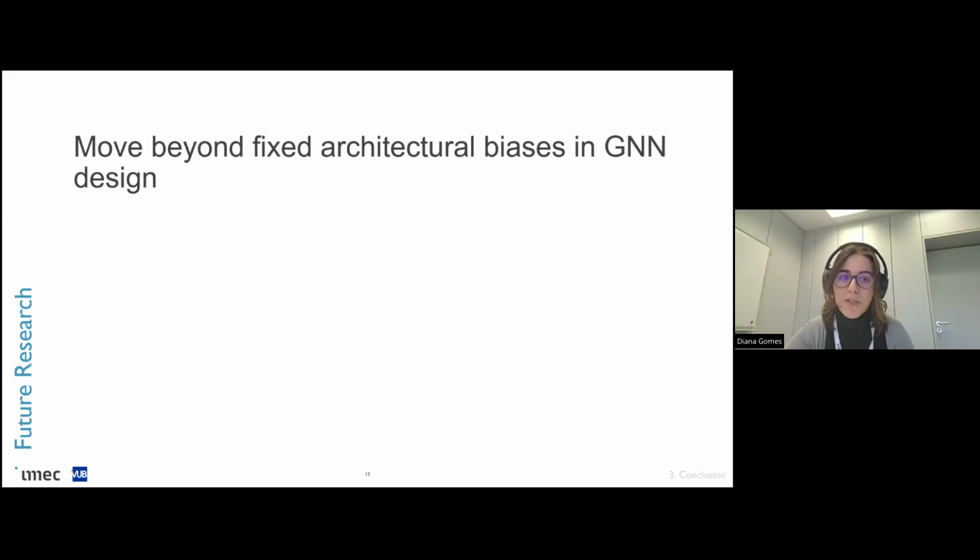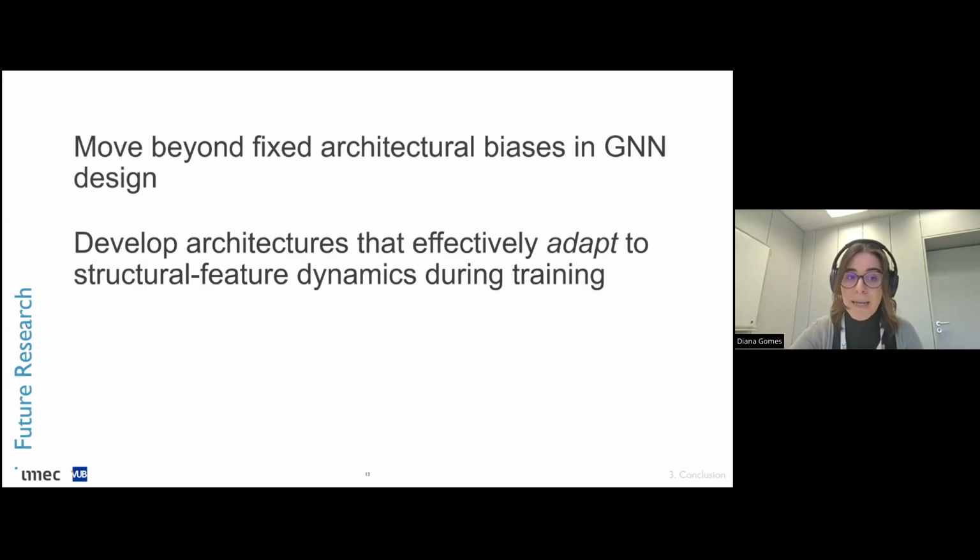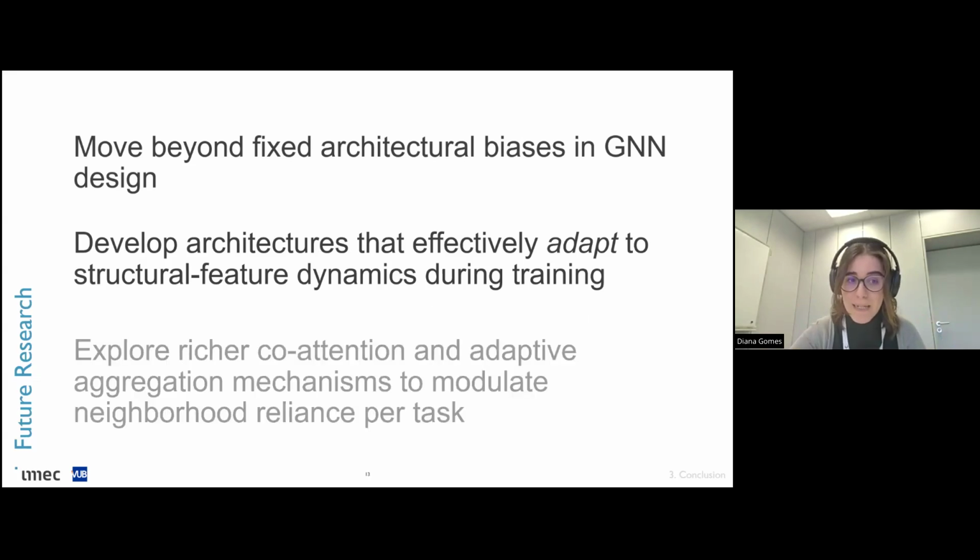As future research, what we think would be important for the community to focus on is that we should move beyond these fixed architectural biases that have been the main drive of current GNN architectures, all the way towards developing architectures that effectively adapt to this structural feature dynamics.